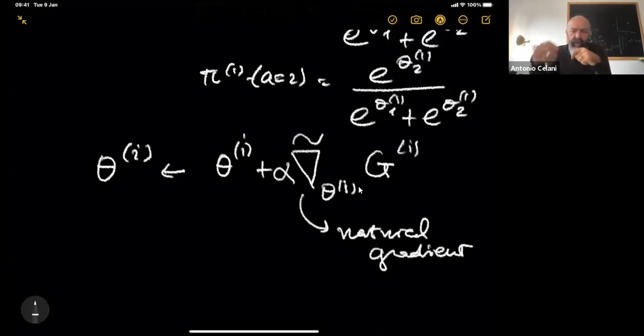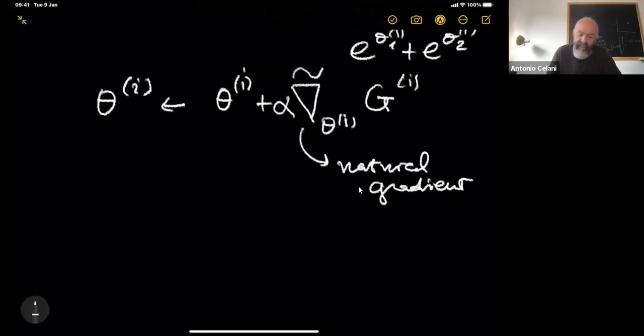And if you work out the calculations that were present in the paper that I shared with you yesterday, you realize that if you take small steps, this amounts to deforming the ordinary, vanilla gradient by means of a matrix which is the inverse of the Fisher information matrix, which is related to the notion of distances between probability distributions when they are close enough. Okay?